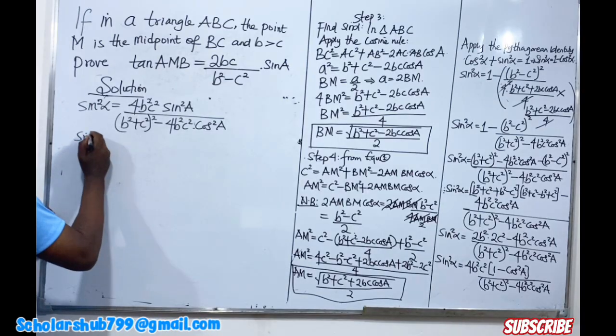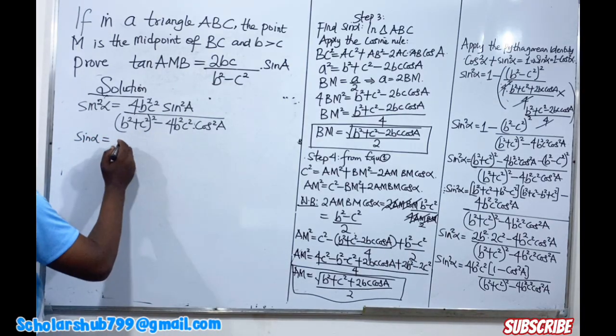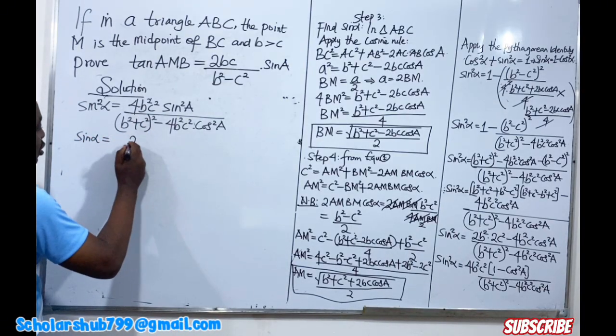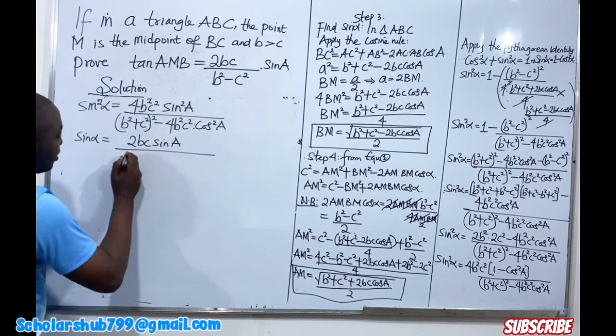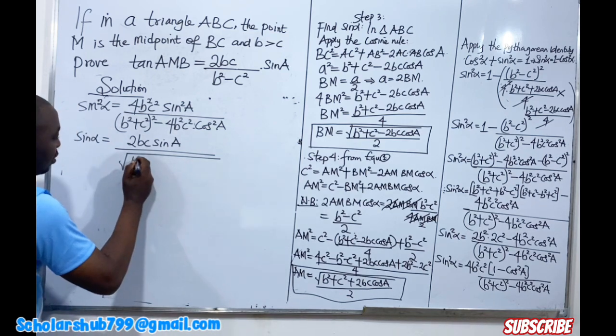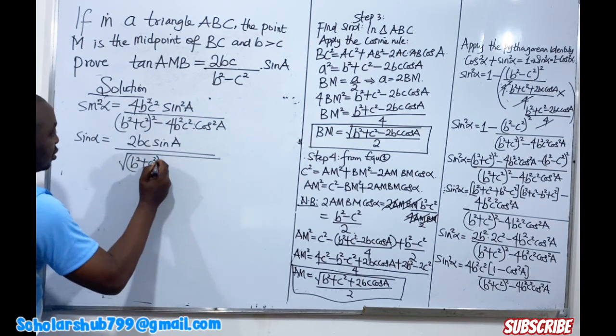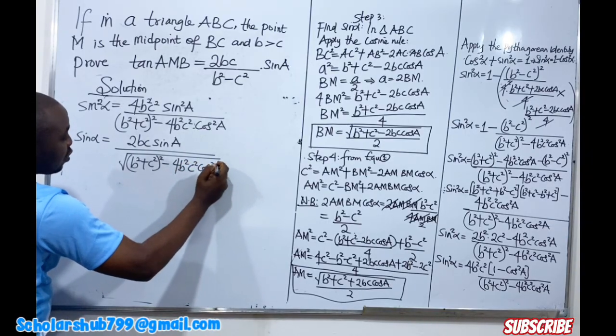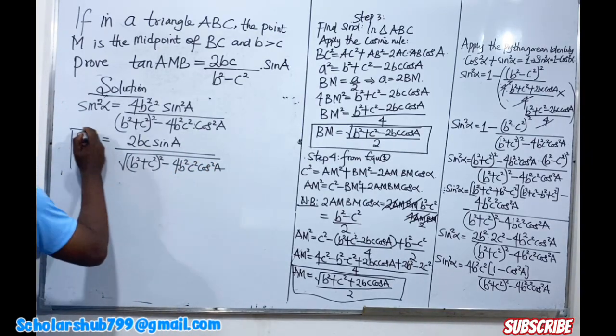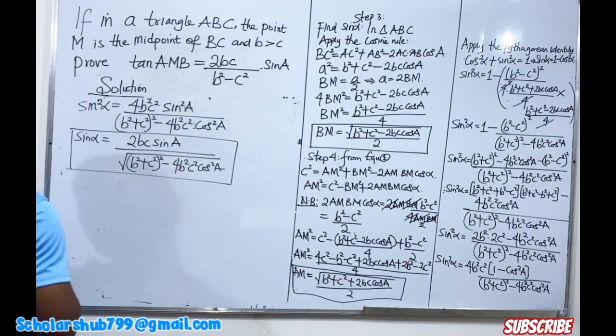So sine alpha will be the square root of this, so the top will be 2bc sine a divided by the square root of b squared plus c squared raised to the power of 2 minus 4b squared c squared cos squared a. So this is the equation for sine alpha.